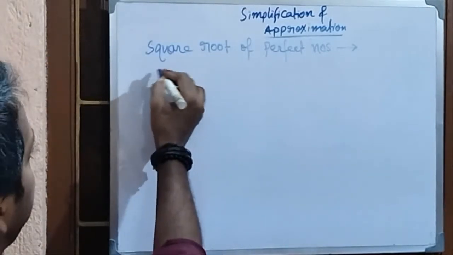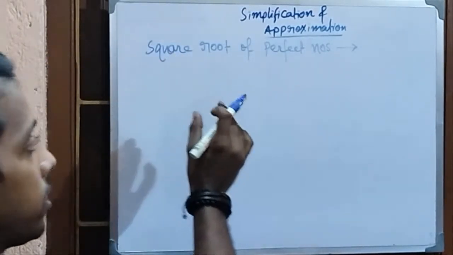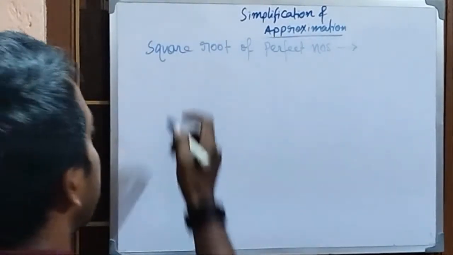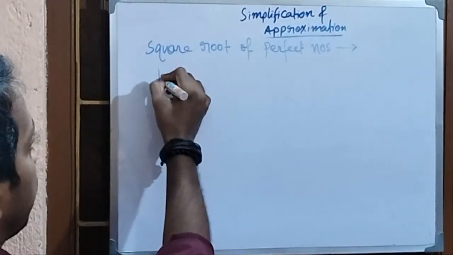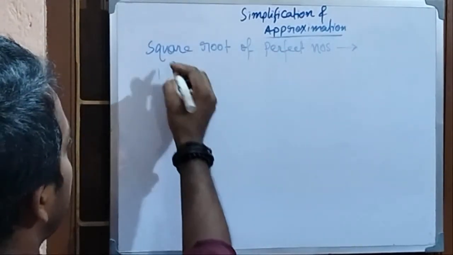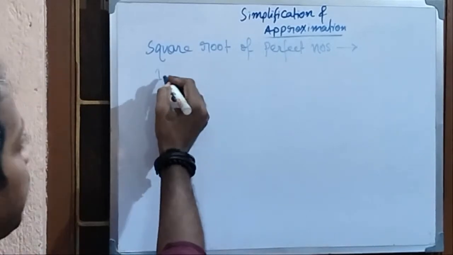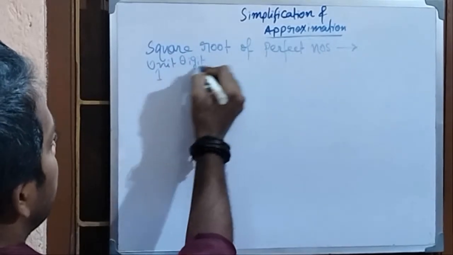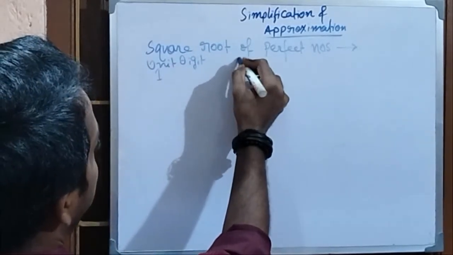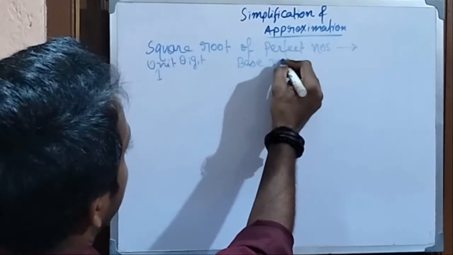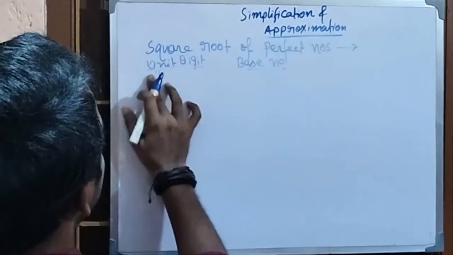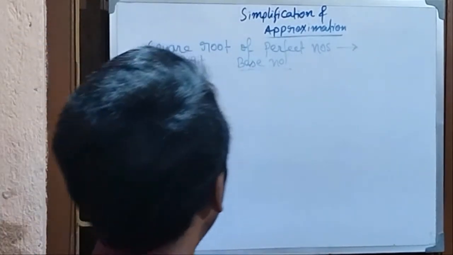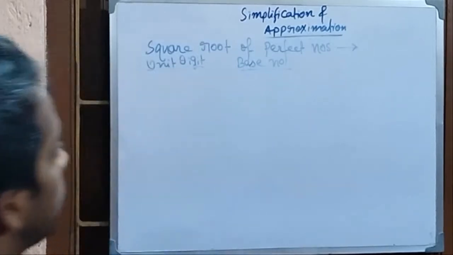Now one thing: if the unit place digit of any perfect number gives us, suppose, 1, just to make it more clear, the unit digit and the base number, here is the unit digit and here is the base number.